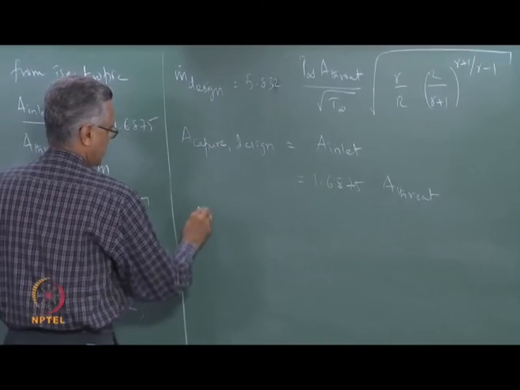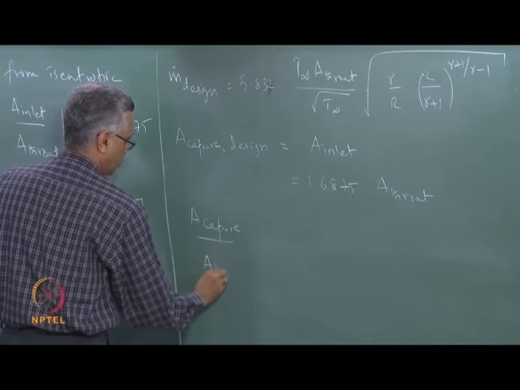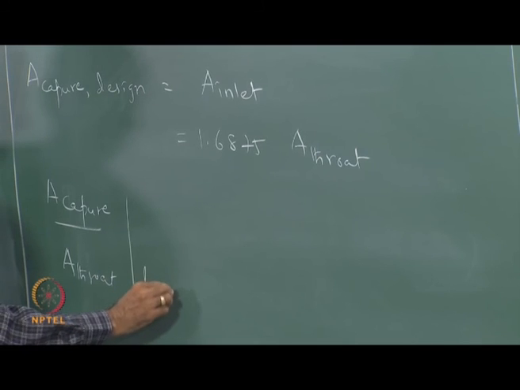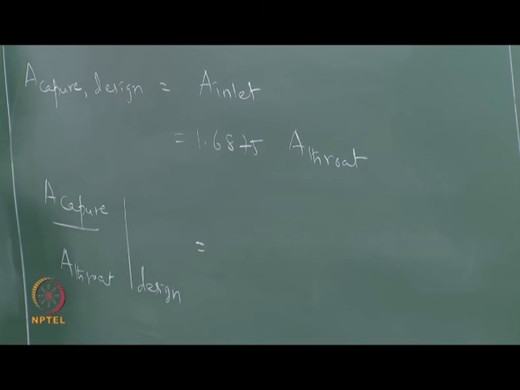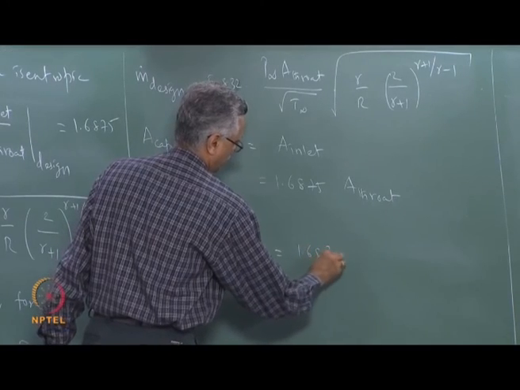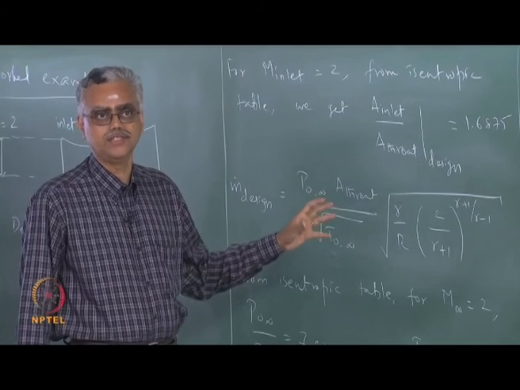So, that A capture divided by A throat for design operating condition is 1.6875. So, these are for the design operating condition.